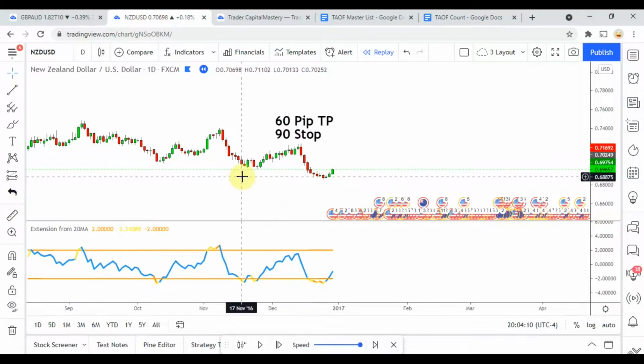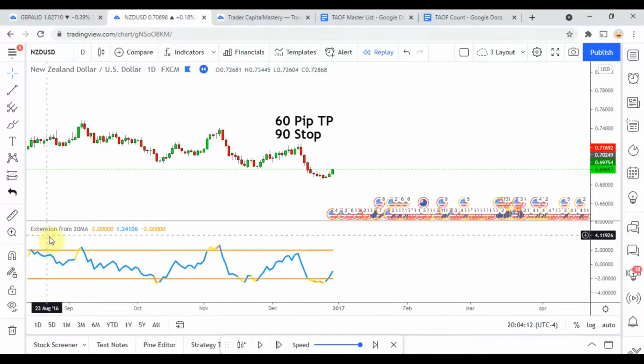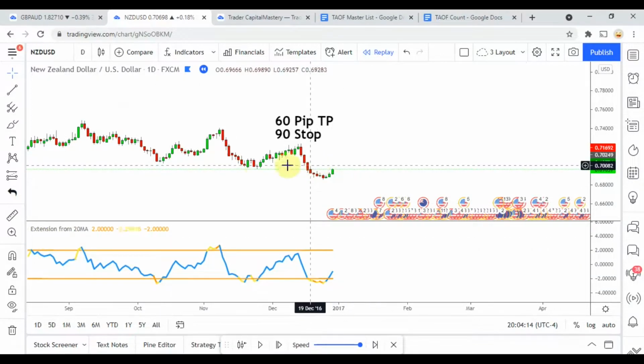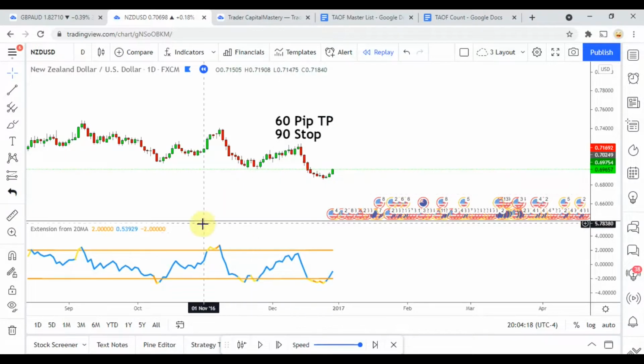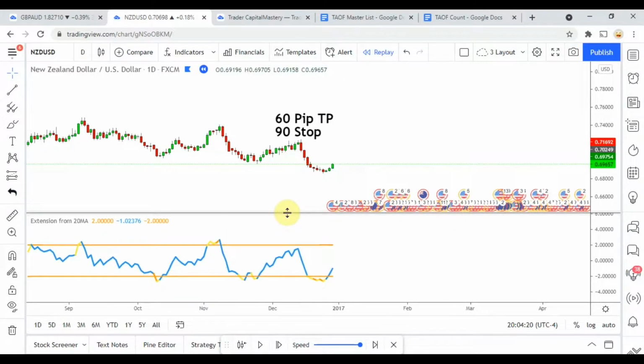Okay, so today's indicator is the extension from 20 MA indicator. You can see it here on the bottom of the screen. Basically what this is doing is plotting the distance of a 20 moving average. Let me back up.